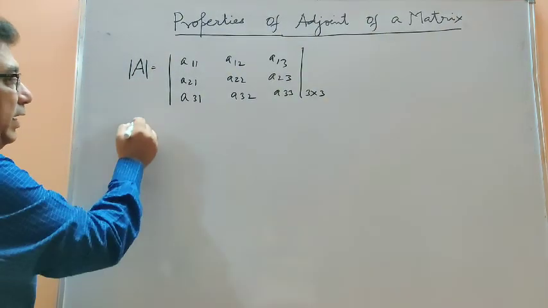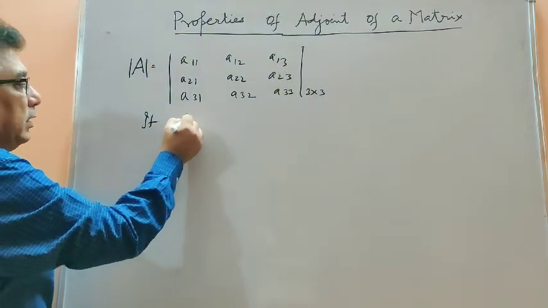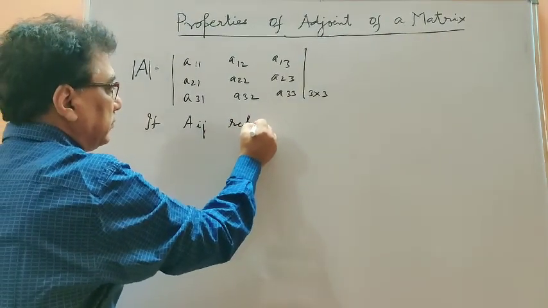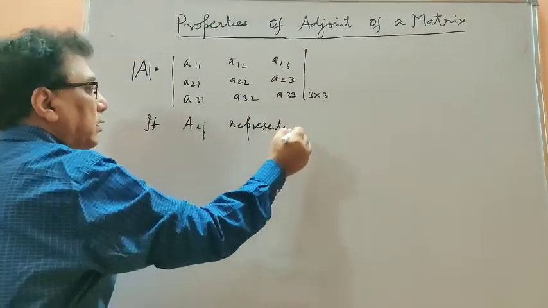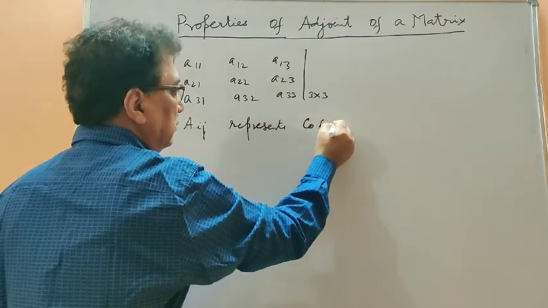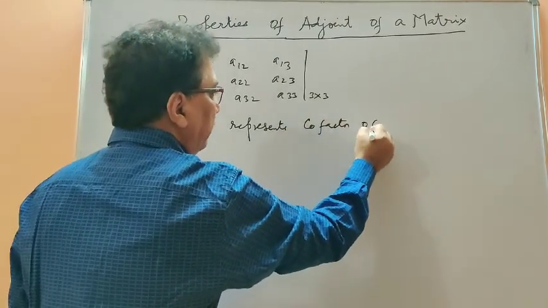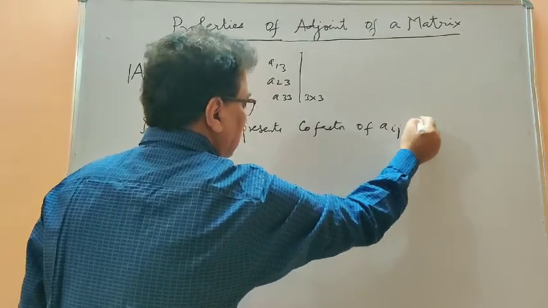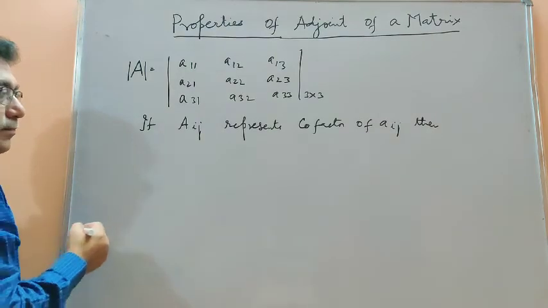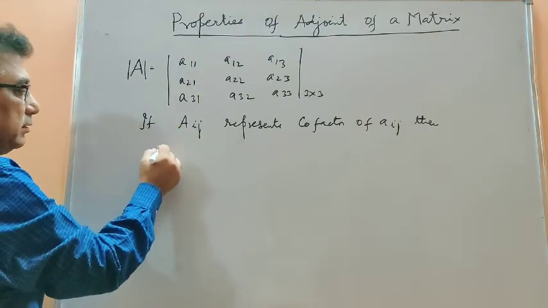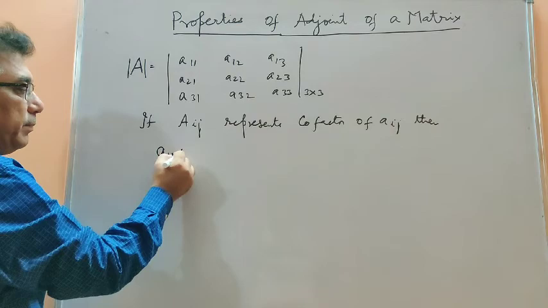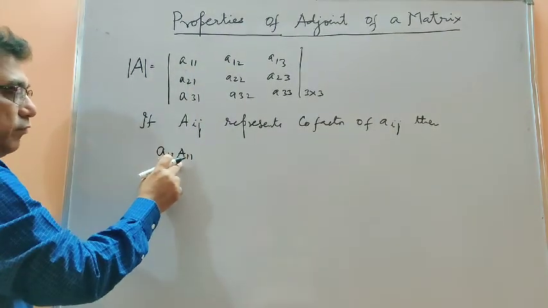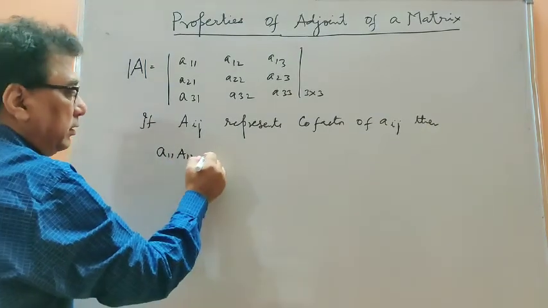And if capital Aij represents the cofactor of small aij, then if elements are multiplied by their cofactors, suppose A11 is multiplied by its cofactor, that's capital A11.